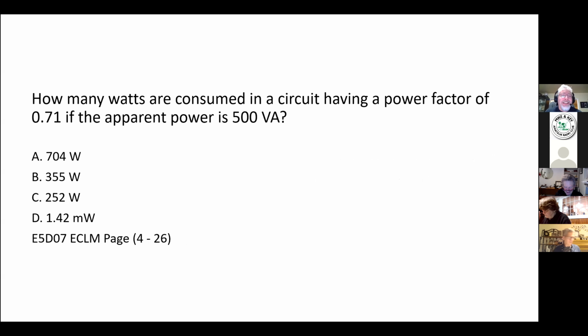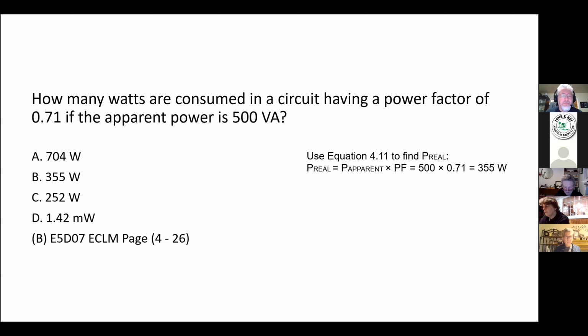How many watts are consumed in a circuit having a power factor of 0.71 if the apparent power is 500 volt amps? A, 704 watts, B, 355 watts, C, 252 watts, or D, 1.42 milliwatts.